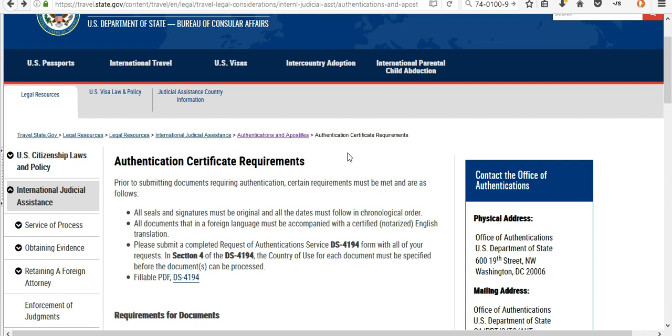The point of that is, that is authentication. You took it to the Secretary of State because you needed the state that you lived in to authenticate it. You send it to the Department of State because you need that to be acknowledged and authenticated on the federal level.